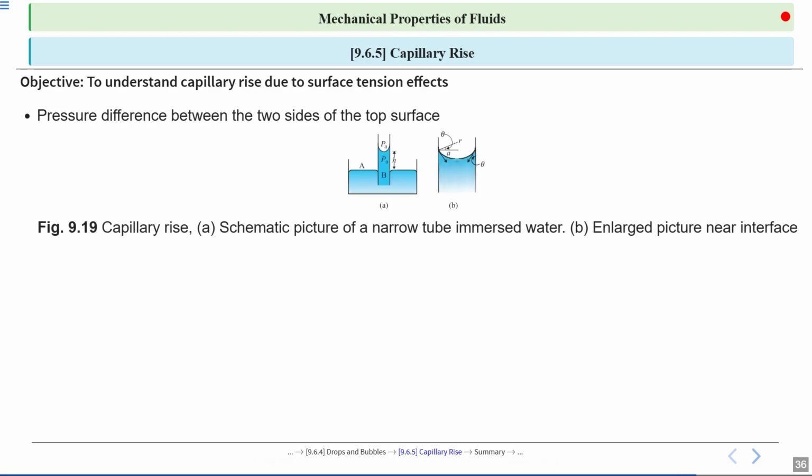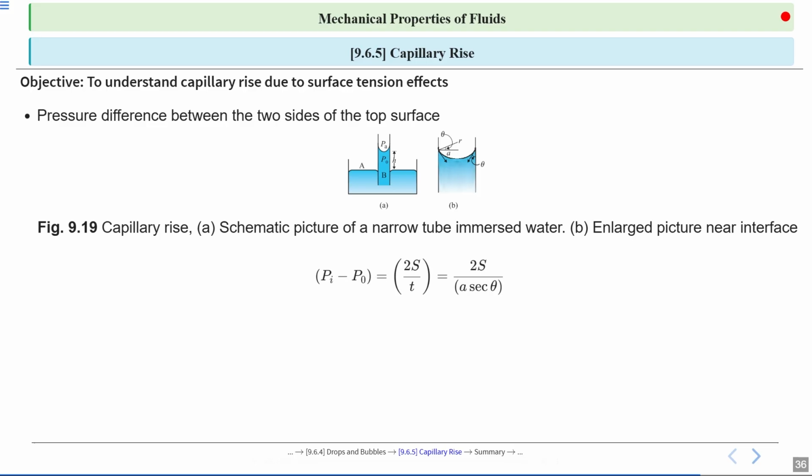Now, let's look at this diagram 9.19. It shows a narrow tube or capillary dipped into water, and water climbs up inside the tube forming a curved surface called the meniscus. This happens because of the pressure difference between the inside and outside of the tube at the top surface, which is influenced by the surface tension.